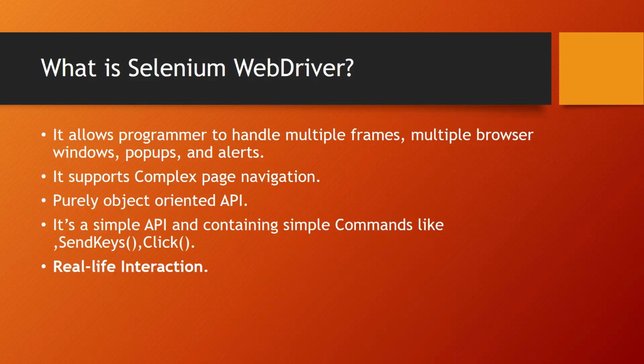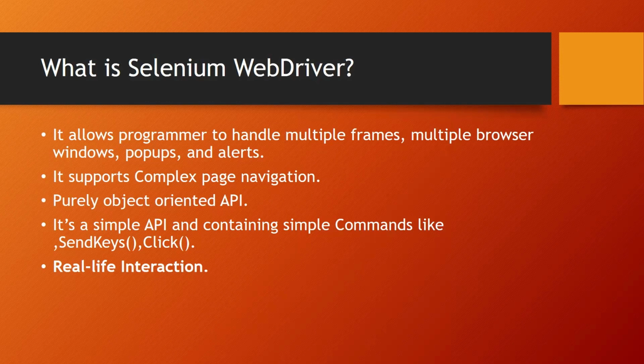The reason is that it follows all the properties of an object-oriented programming language, like objects, classes, inheritance, encapsulation, abstraction, and polymorphism. So it is called an object-oriented API.